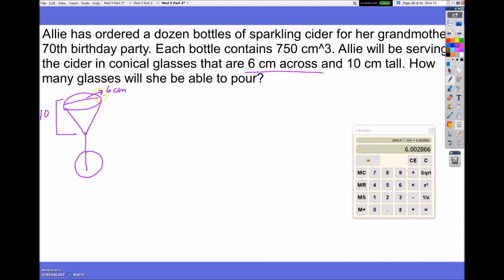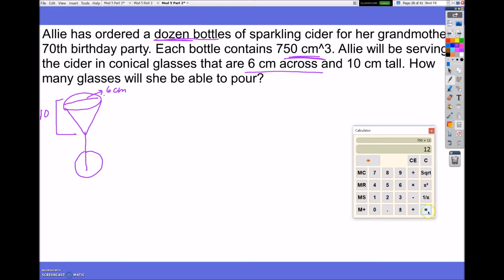So what we need to do is find the volume of one glass and see how many she can fill. Well, I already know that she has a dozen bottles, so that means she has 12 bottles of sparkling cider, and each one contains 750 centimeters cubed of liquid.